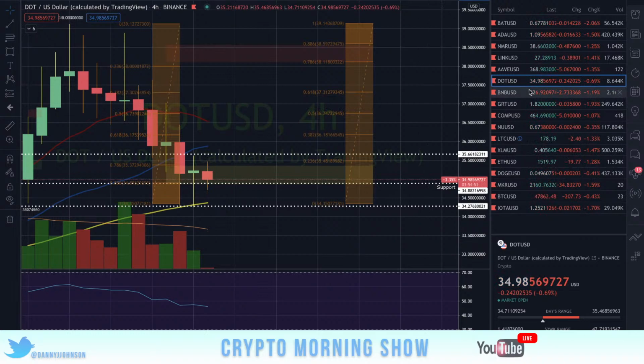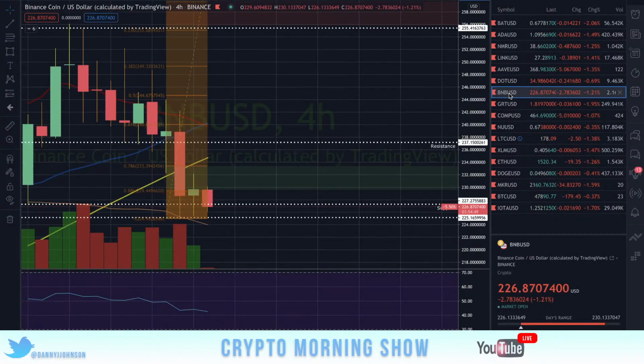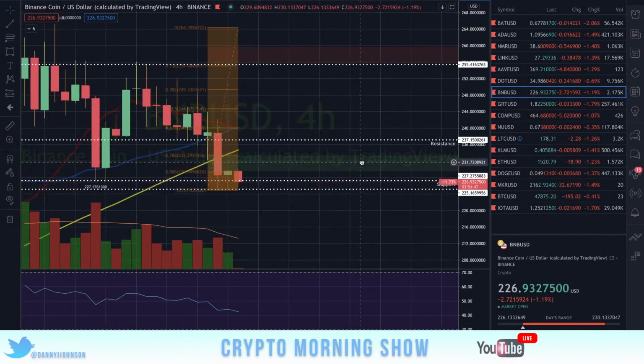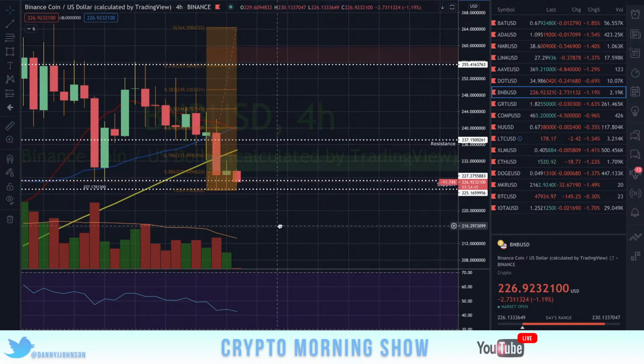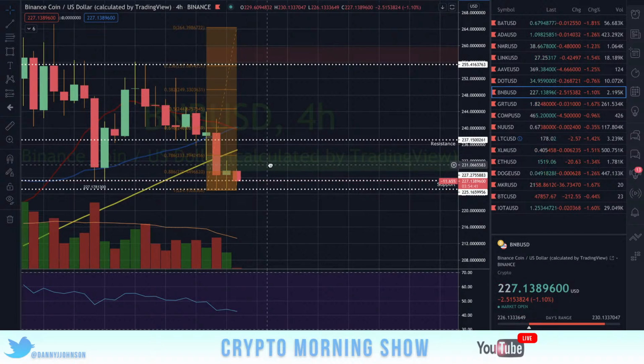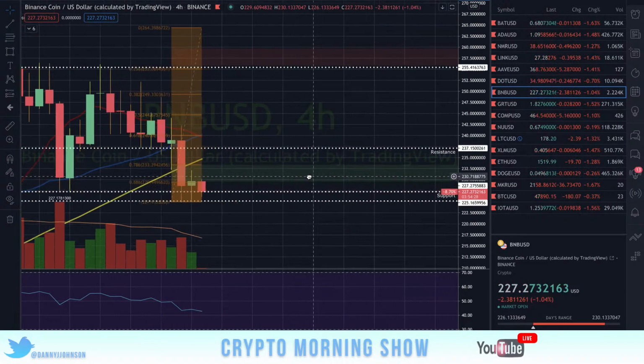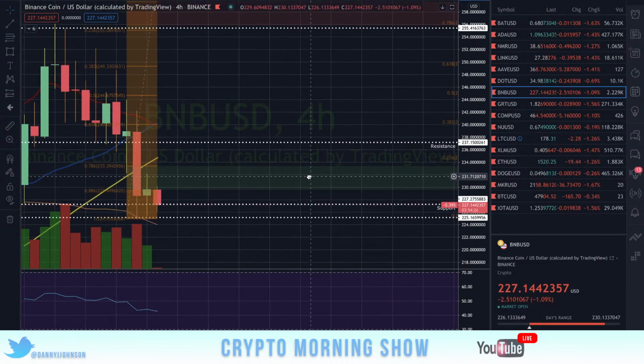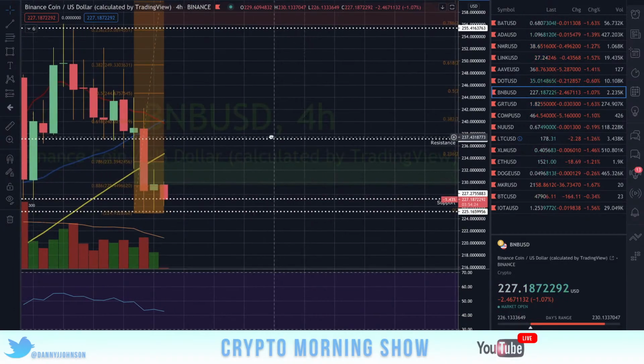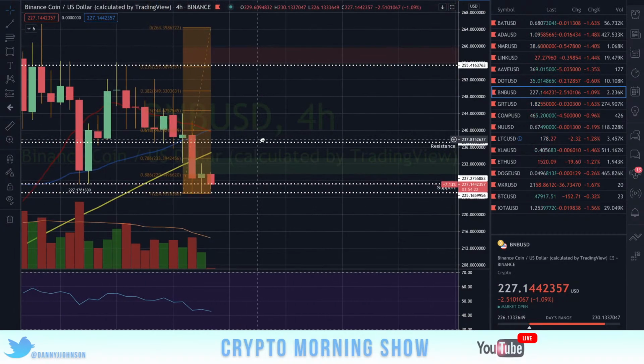And moving on to BNB, Binance Coin. Same setup. We dipped below the particular target, this pivot that we have marked at 227.178. We do have good support there, so we're holding support, and resistance is what we're going to encounter.